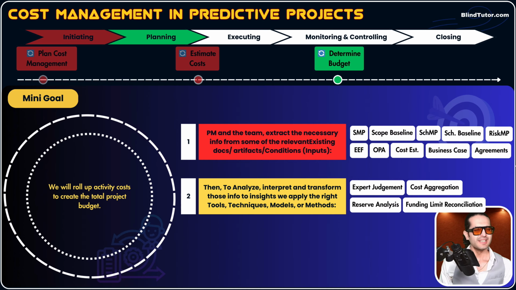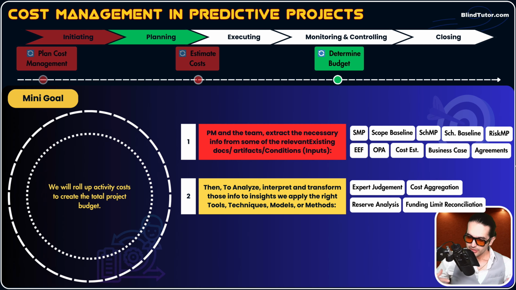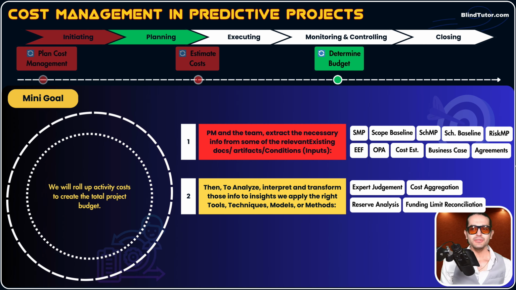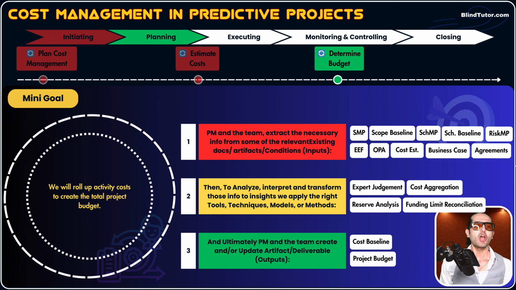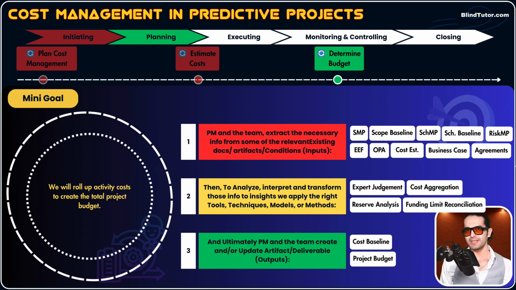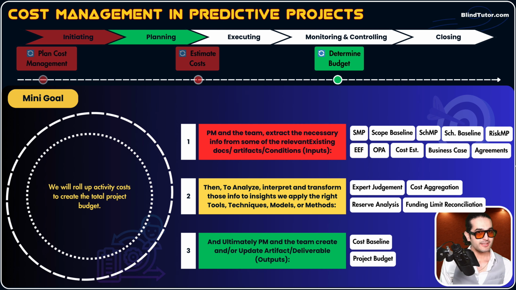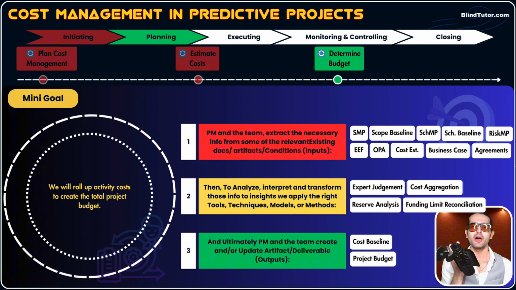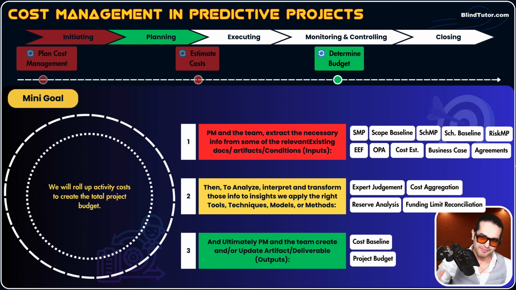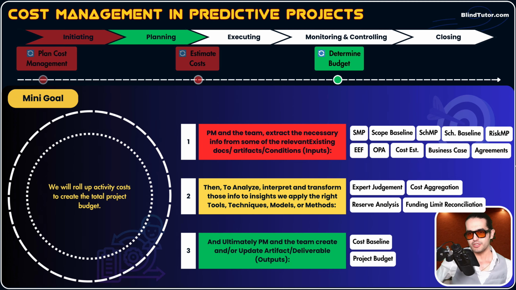Our efforts will end in two outputs, guys: cost baseline and project budget. We had scope baseline so far and schedule baseline, and this is the third brother, cost baseline. We're gonna finally create the document called cost baseline and the project budget.